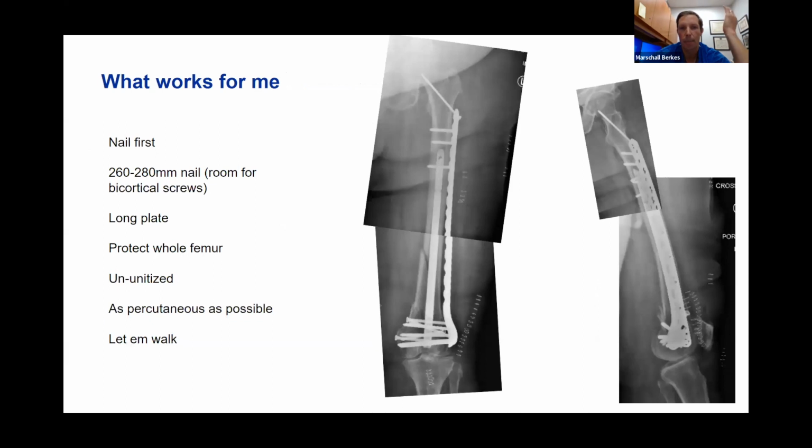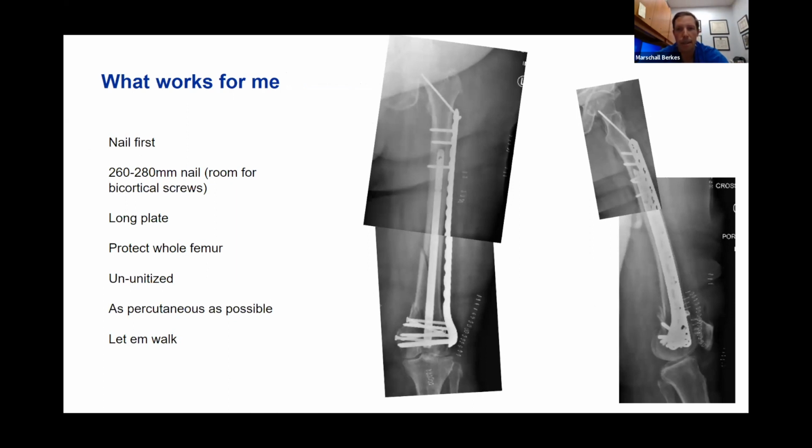So this is kind of like my preparation du jour here. I will nail first. I'll use a shorter nail just because I don't like to futz around with getting screws around a nail. So I have a segment of femur that is not interfered with, where I can get fixation proximally. This is, you know, reasonably flexible in a relative stability secondary bone healing kind of way.